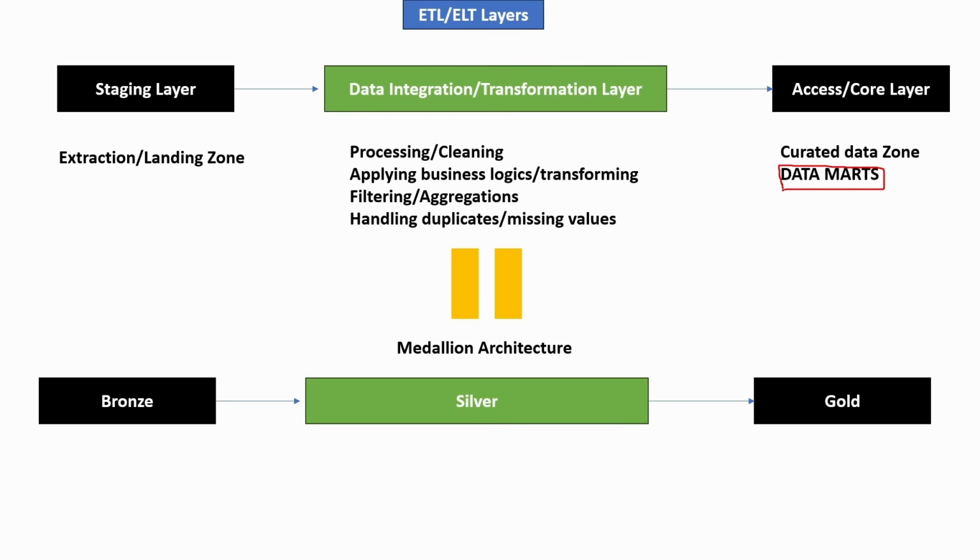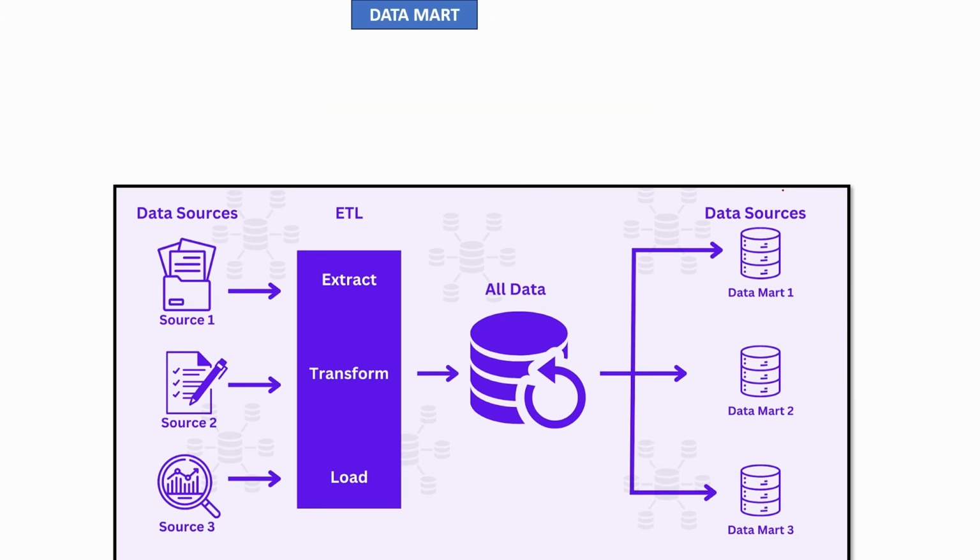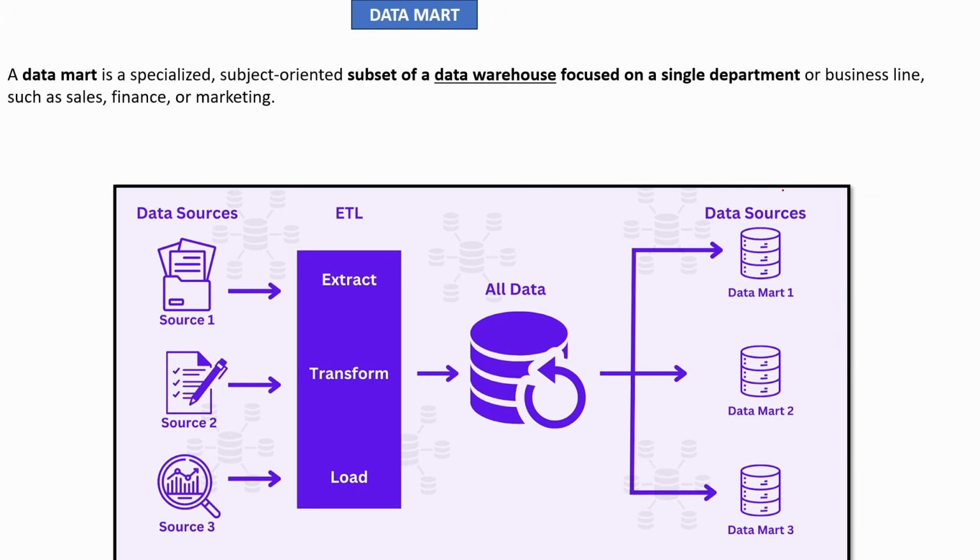So it is designed for a single department's data holding. So a data mart is nothing, it's just a subset of the data warehouse focused on a single department. Cool, let's discuss the definition as well. A data mart is a specialized, subject-oriented subset of a data warehouse focused on a single department or business line, such as sales, finance, or marketing.